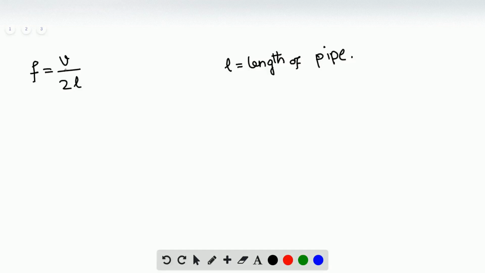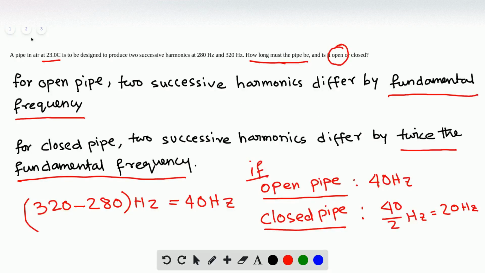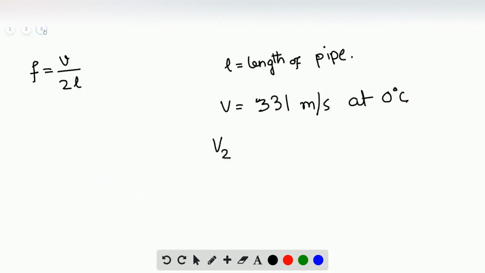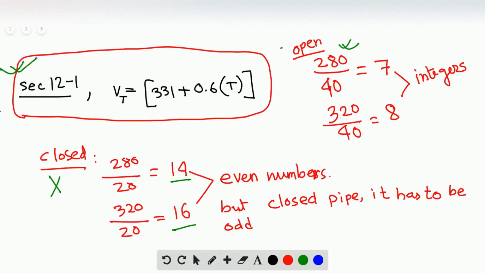Now, we know the speed of sound at 0 degrees Celsius is 331 meters per second, but we don't know the velocity at 23, right? Because that's what is given. So we need to figure out the velocity at 23, and that's when this equation comes in handy.